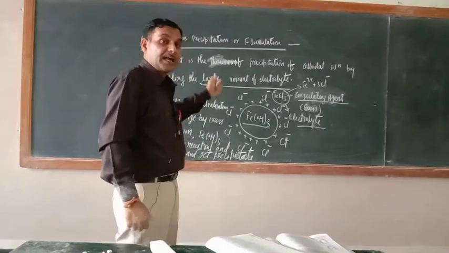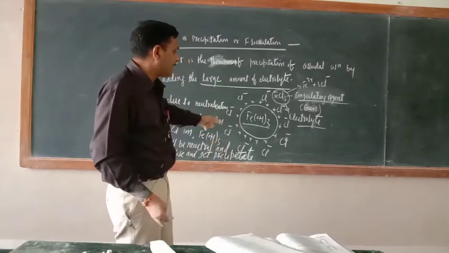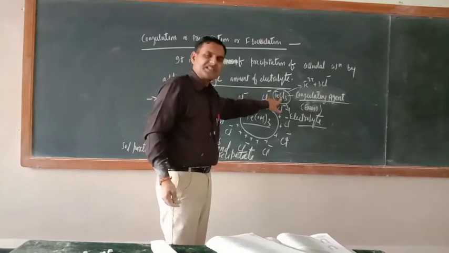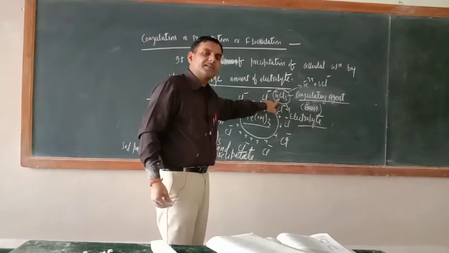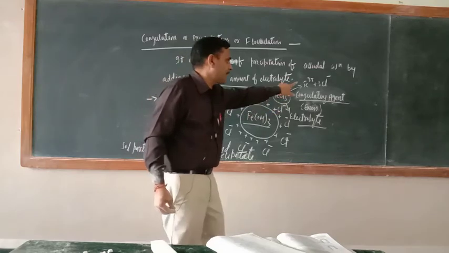Now here, excess quantity if you are adding, the second ion which is with the electrolyte also acts. Earlier, if less quantity you had taken, Fe3 positive is only playing the role.